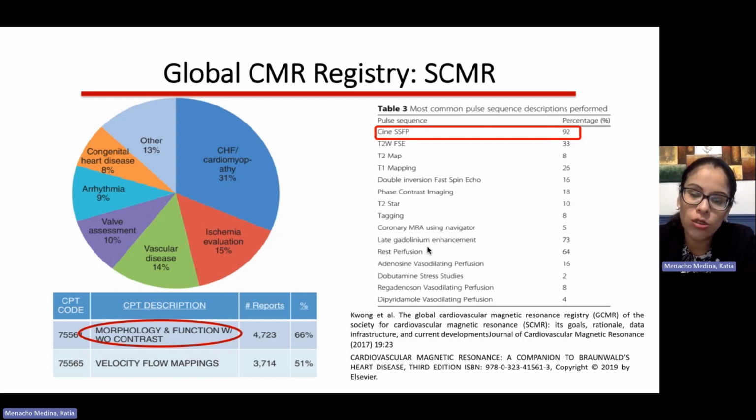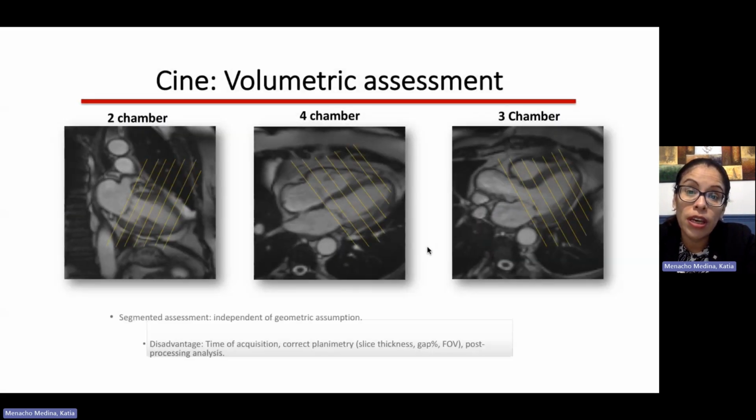That's the discussion for next week, and the assessment of ischemia in 50%, which are the highest recommendations made by the ESC in 2023. So remember, the most common protocol for cardiac MRI is the assessment of morphology and function, with or without the use of contrast.